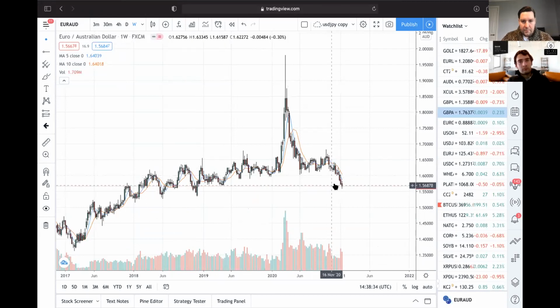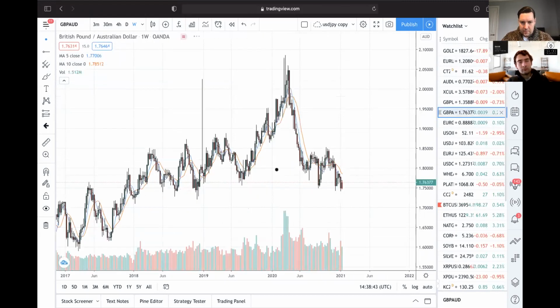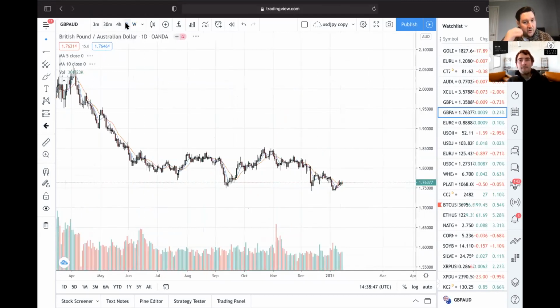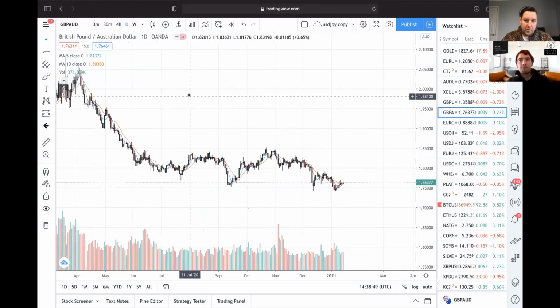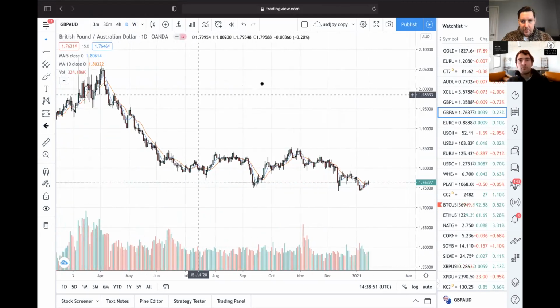Yeah, we're in a similar position here, but it's a little bit stronger market than the pound AUD. So we're at a level there. What you could wait for with this one is that turnaround, depending whether you're going to go long term or short term.